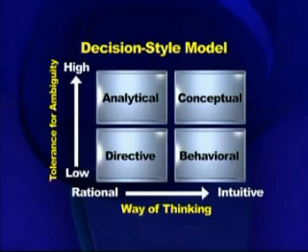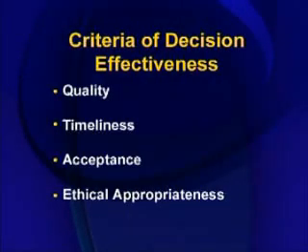Then slowly we are picking up how behavior affects your decision making. At the last part of the previous lecture, we discussed the criteria for decision effectiveness, and that was quality, timeliness, acceptance and ethical appropriateness. ये चार बेसिक characteristics या criteria होना चाहिए ये देखने के लिए कि वो decision कितना effective है.